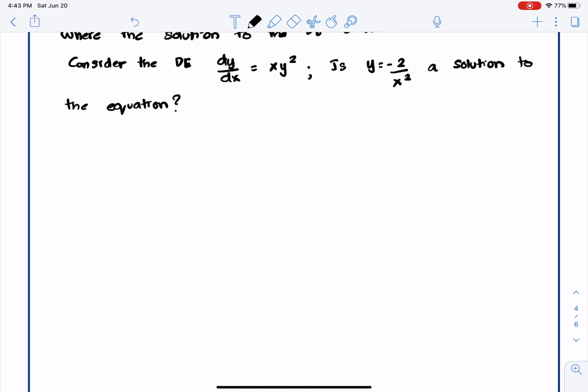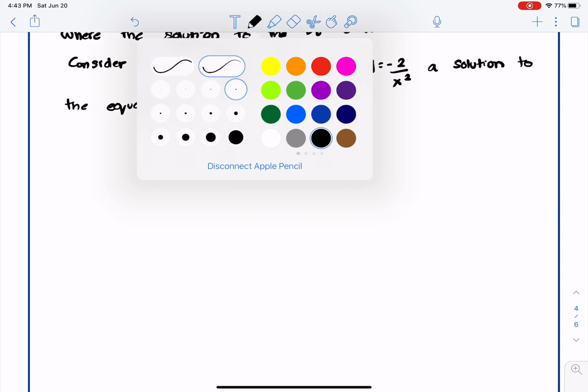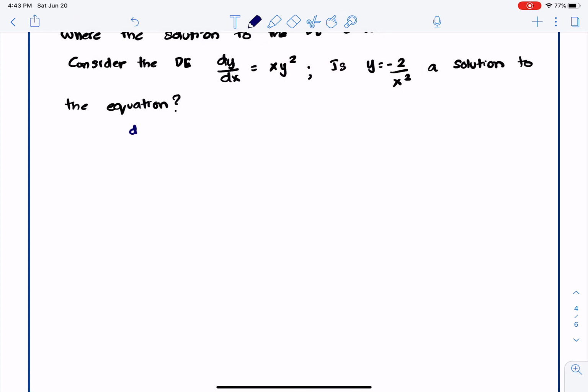So this is a first order DE. So dy over dx is equal to xy squared, which would mean dy over y squared is x times dx.